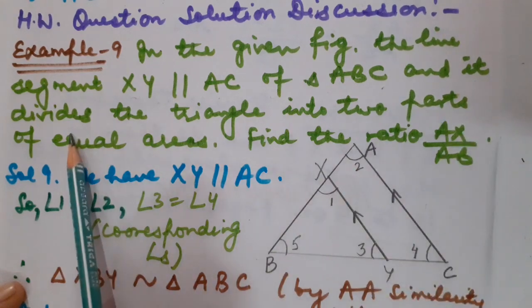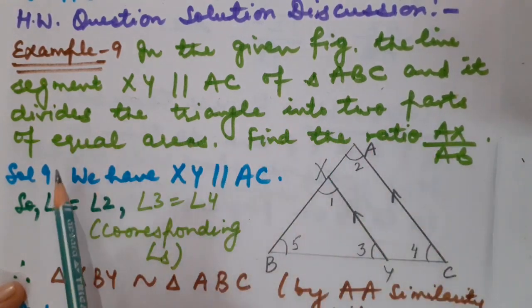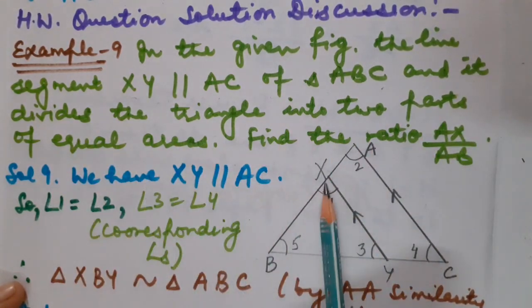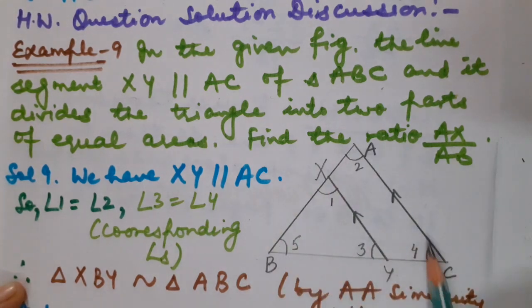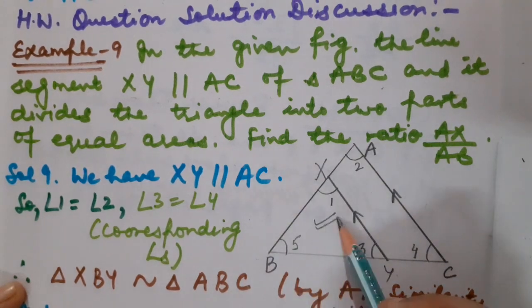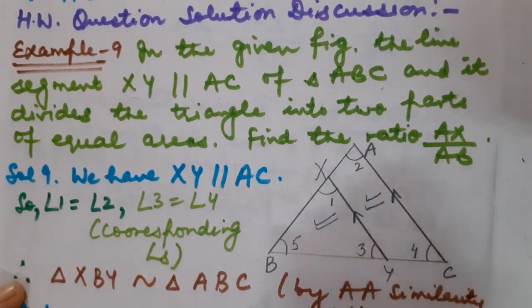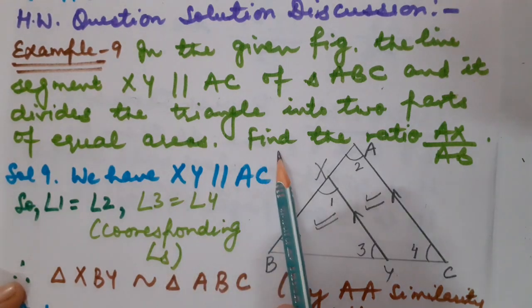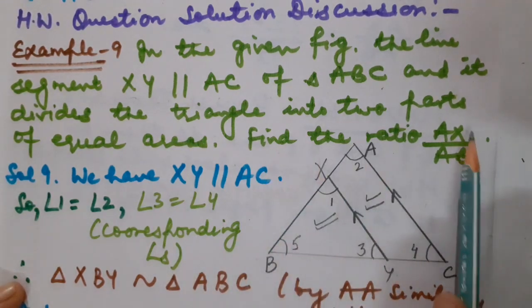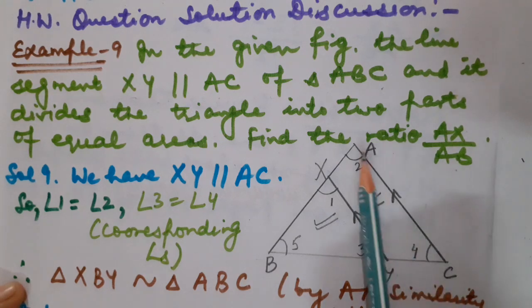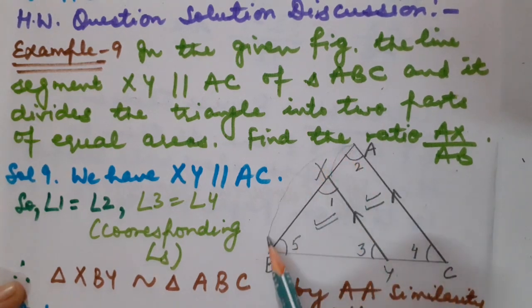And this line divides the triangle into two parts of equal areas. When XY was drawn, the complete triangle was divided into two equal parts. So can I say that this part is equal to this part according to the statement? Then we will have to calculate the ratio AX upon AB.